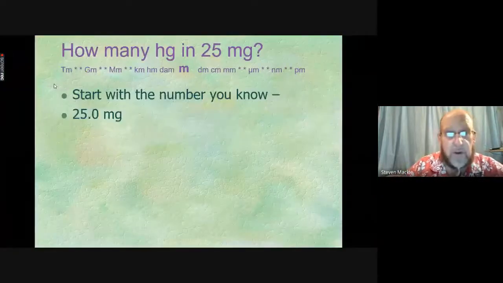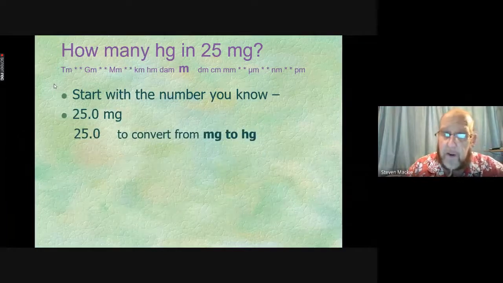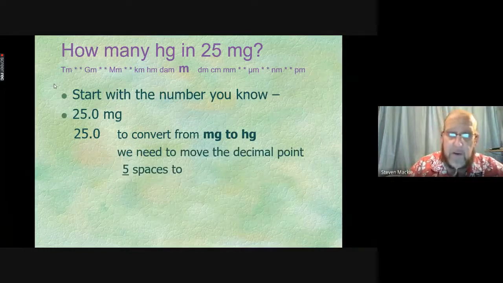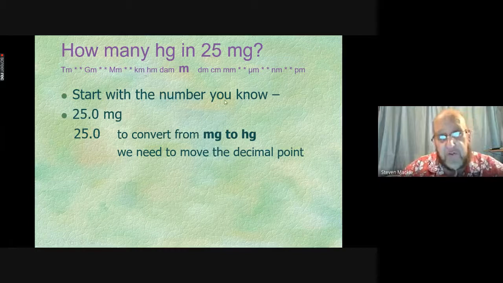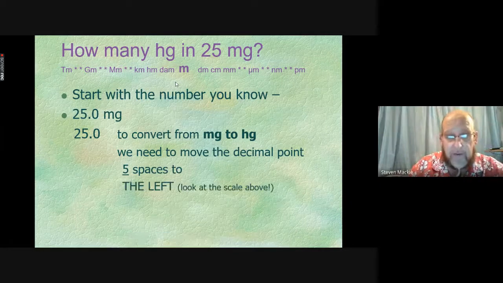We start with the number we know, 25 milligrams. To convert from milligrams to hectograms, we need to move the decimal place 5 spaces. Here's the count: 1, 2, 3, 4, 5 spaces. In which direction? Well, we went from here to here. We're going to the left, looking at the scale above.